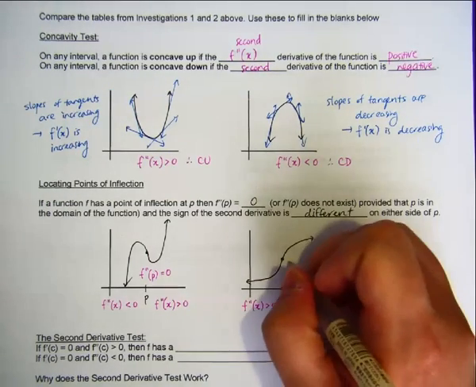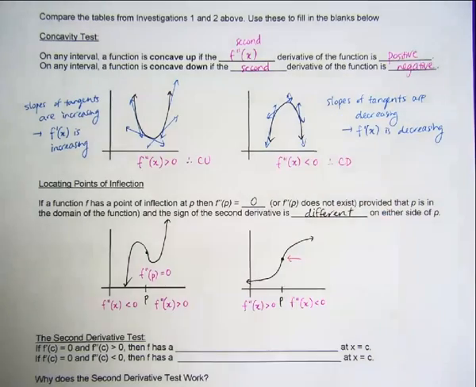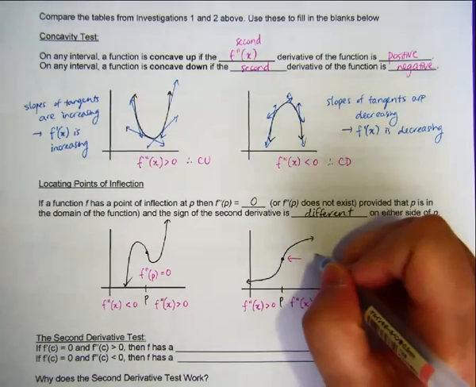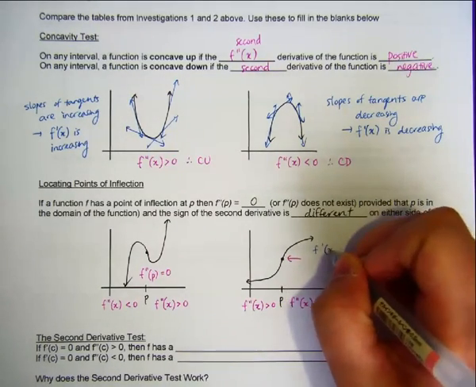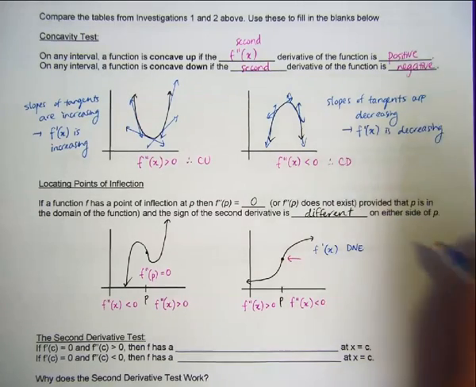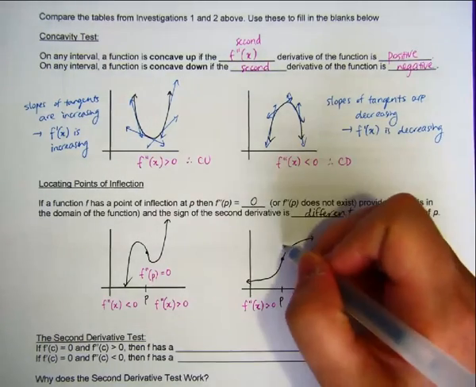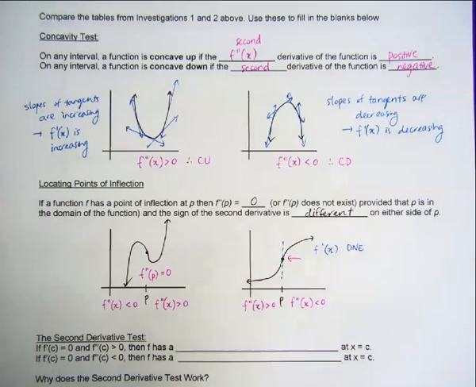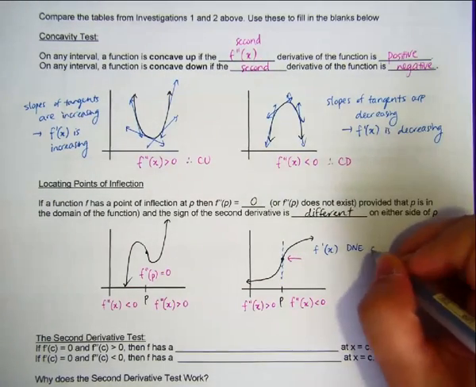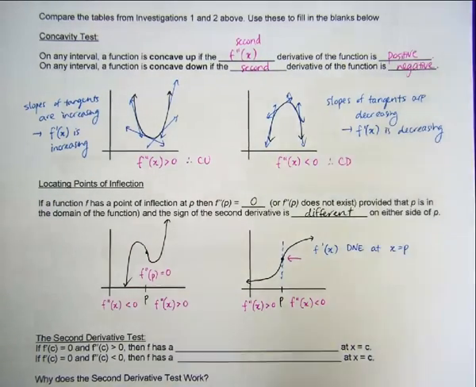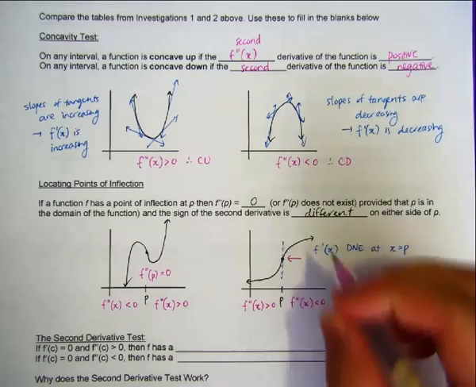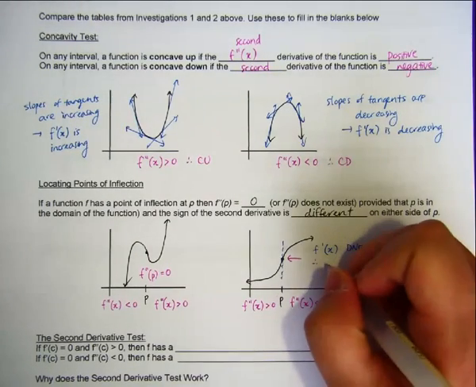And at this point, we know that our first derivative does not exist, right? Because of the fact that we have an infinite slope point. If the first derivative does not exist at x equals p, then automatically we know that the second derivative will also not exist.